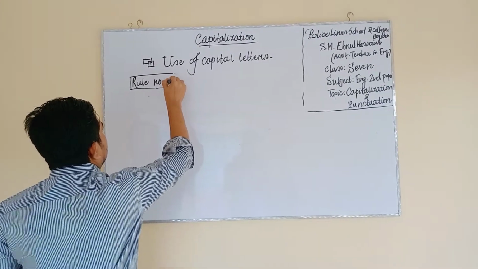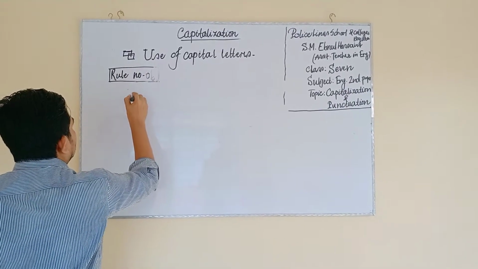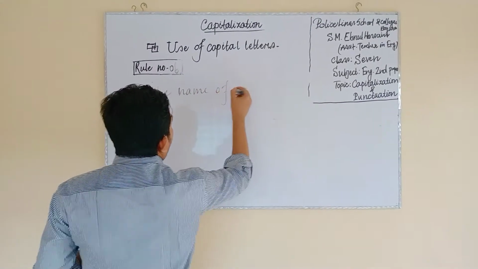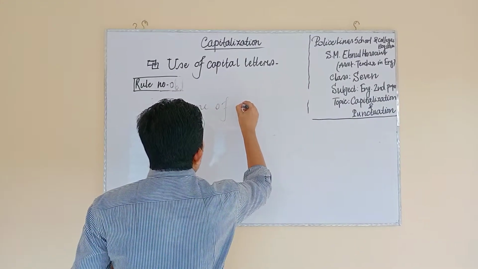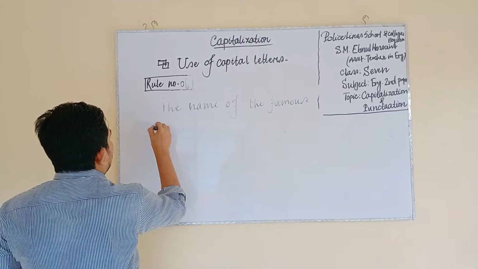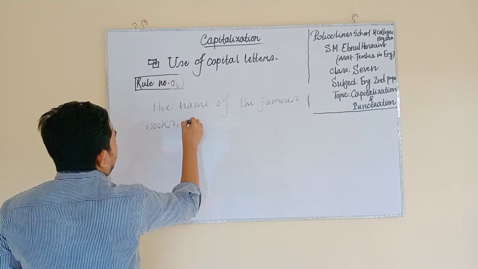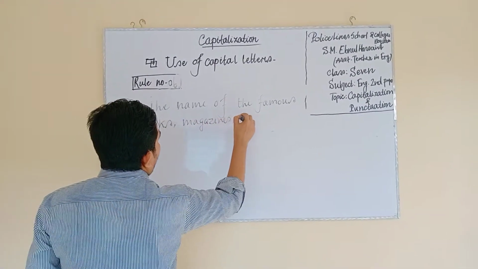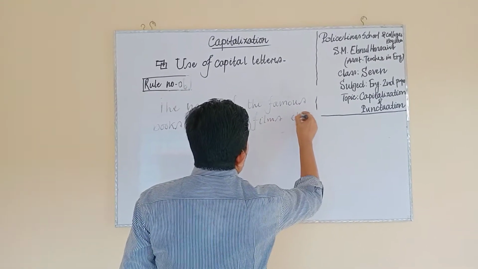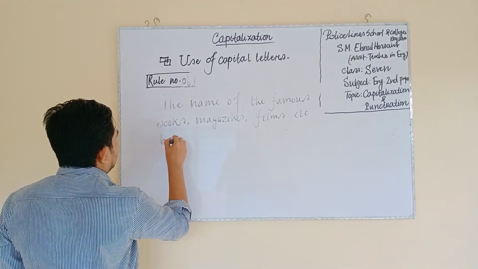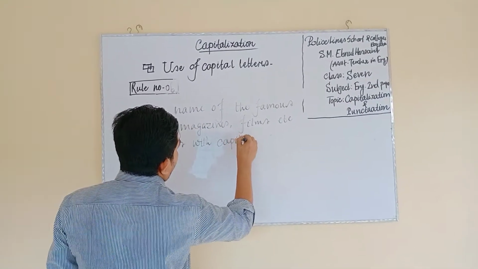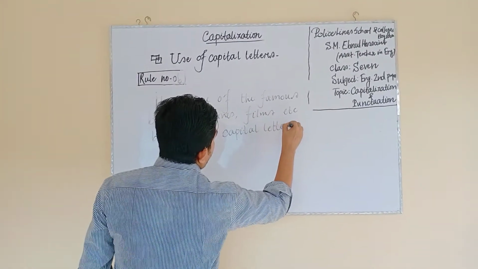Now the rule number 6. The name of famous books, magazines or films, etc. begins with capital letters.